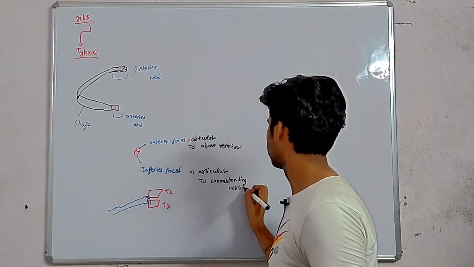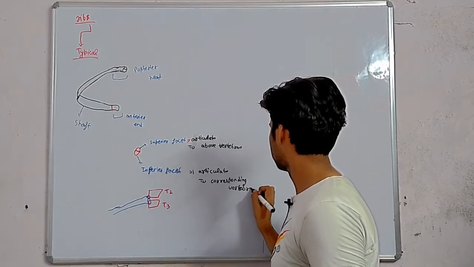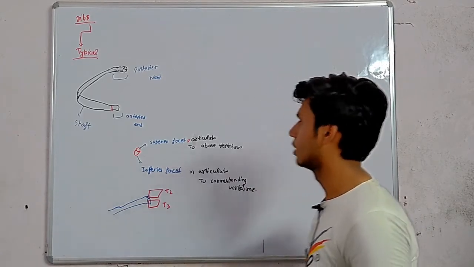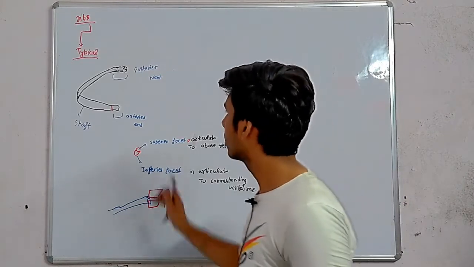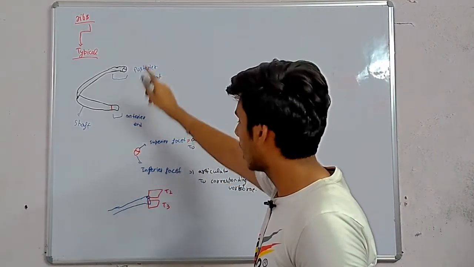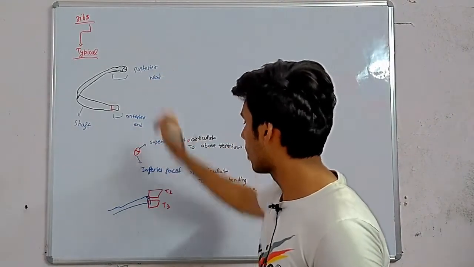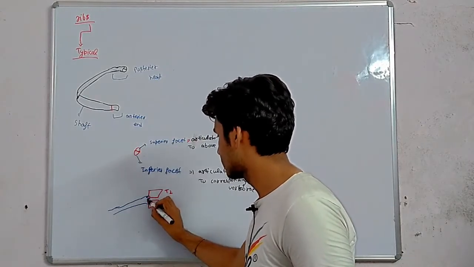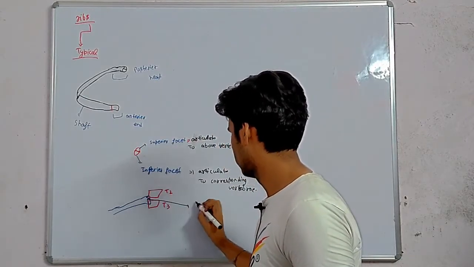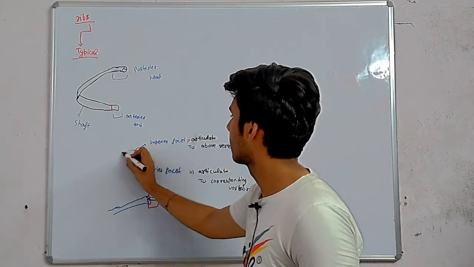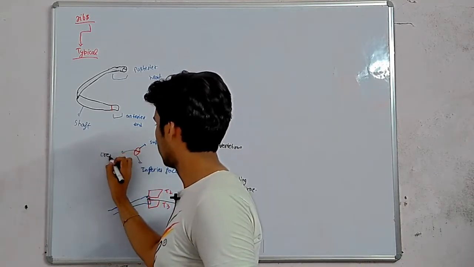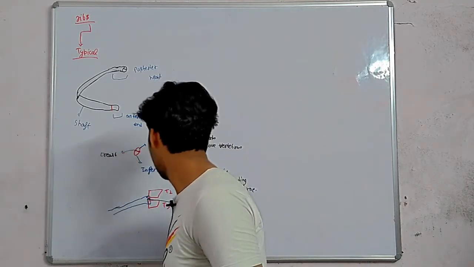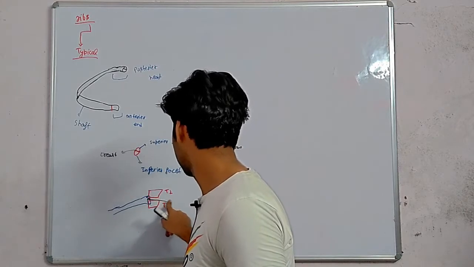Done. These are the corresponding vertebrae. So the posterior attached articulating surface is divided into two parts, and this is the crest between the two facets.